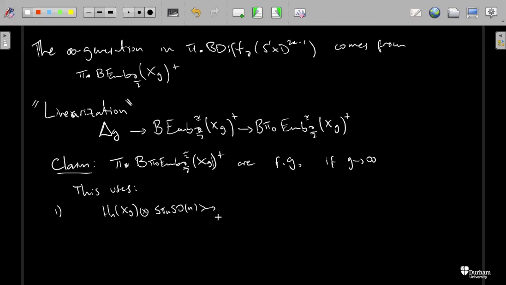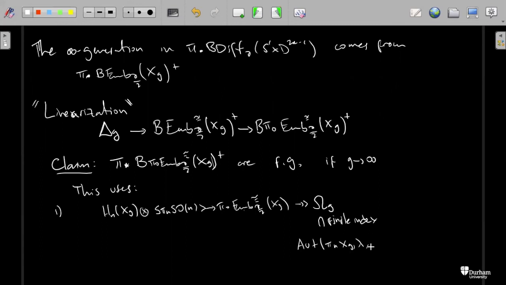Now that maps injectively into pi 0 of the embeddings of XG, and it surjects onto this, which I'm calling omega g, and omega g is a finite index subgroup of the group of automorphisms of pi n XG.